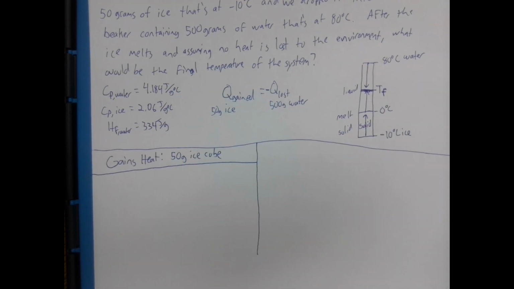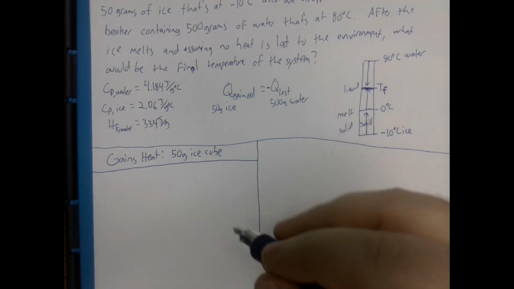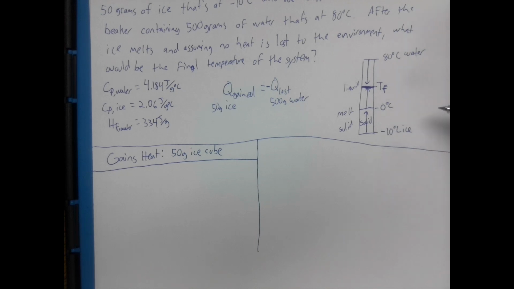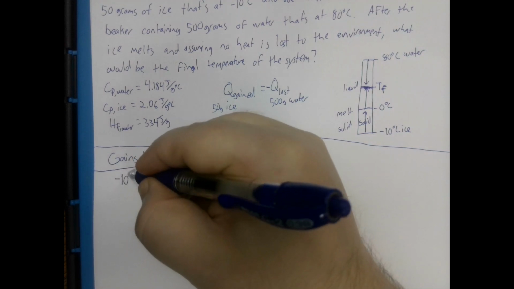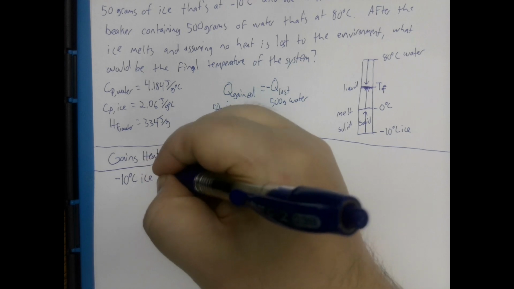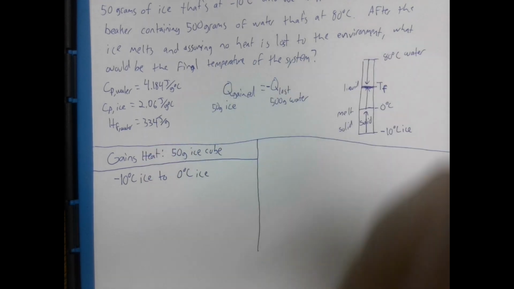Let's calculate the total heat it gains. Looking at this diagram, it's going to have to go from negative 10 to 0 degrees Celsius. So the ice is going to heat up from negative 10 degrees Celsius ice to 0 degrees Celsius ice.